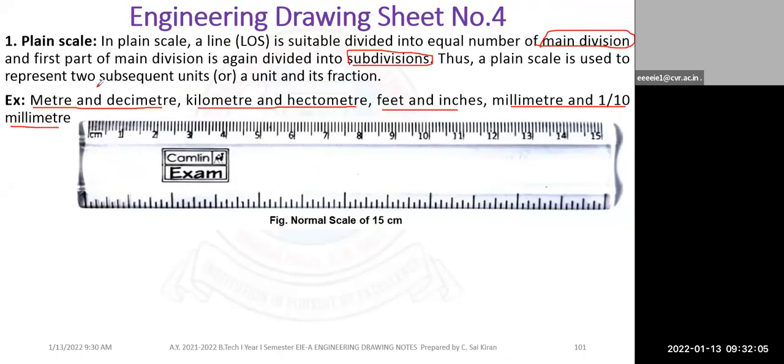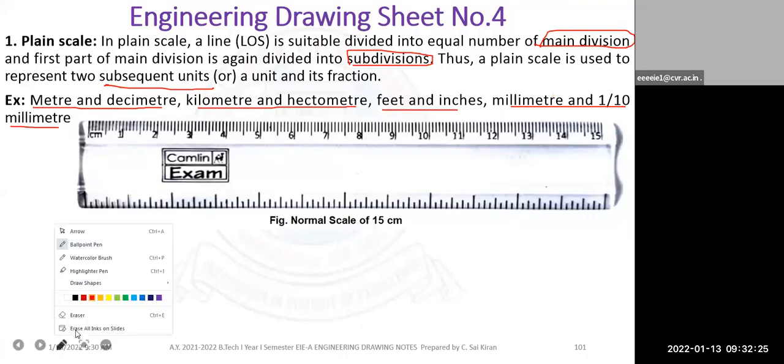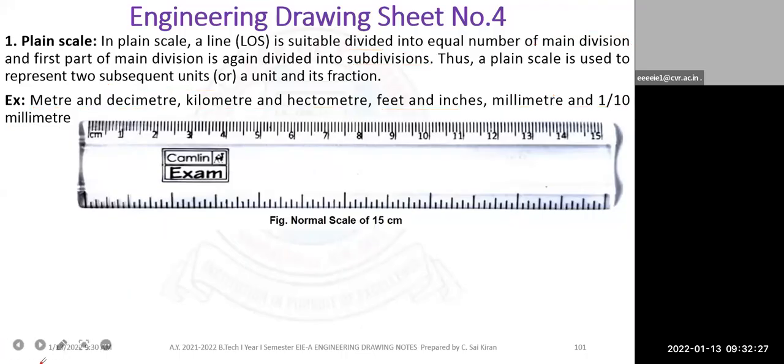Those should be two consecutive units, such as meter and decimeter. Below meter you can find decimeter, and below kilometer you can find hectometer. Below feet you can find inches. Feet are divided into inches, and millimeters are divided into 1/10 of millimeter. Like this you can make the divisions. And so this is a plane scale.